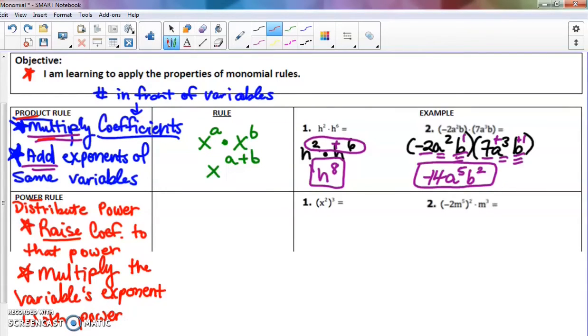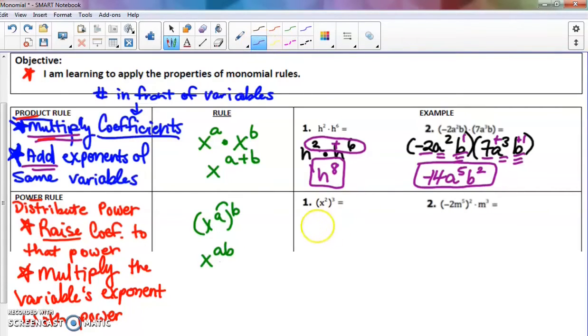Alright, and we'll see it the same way for the rule written out here. We'll do x to the a power being raised to the b power. So if I have x to the a power, that means that's going to be multiplied. So we're going to say a times b, so it's going to be x to the a b power.